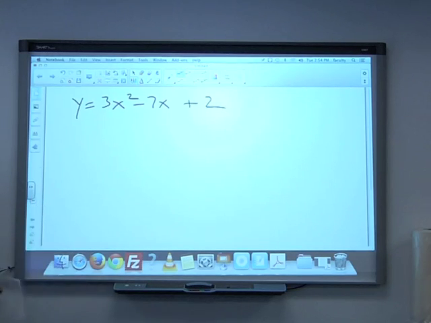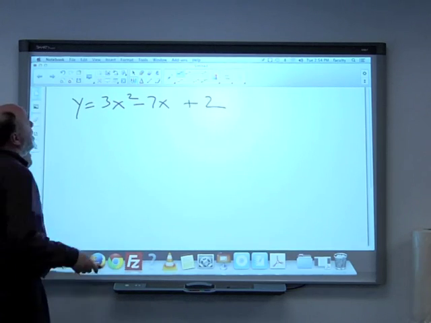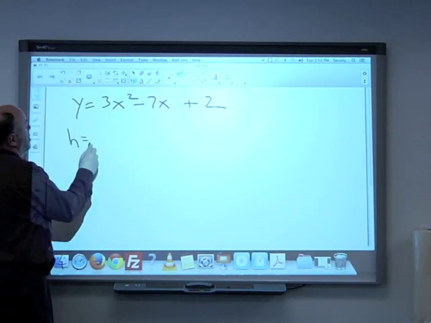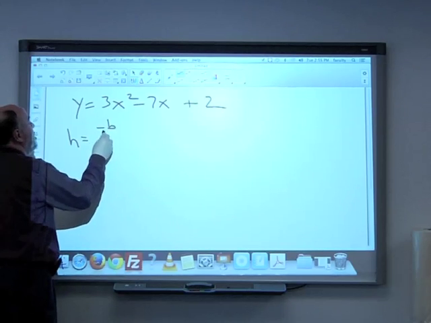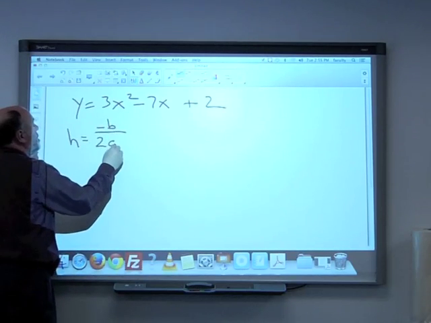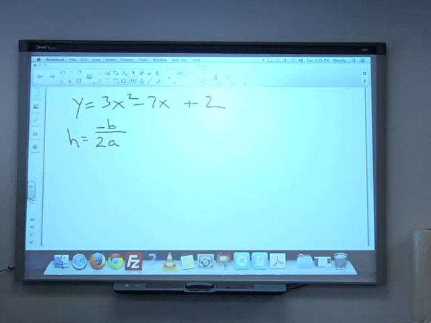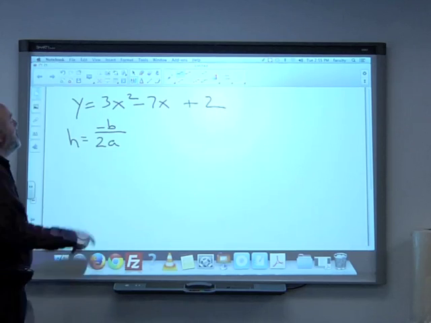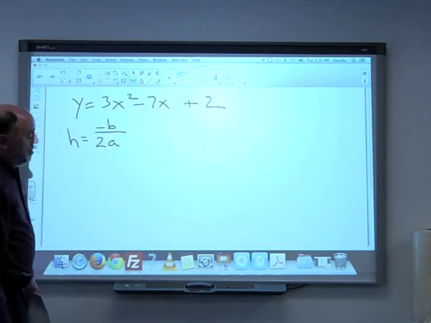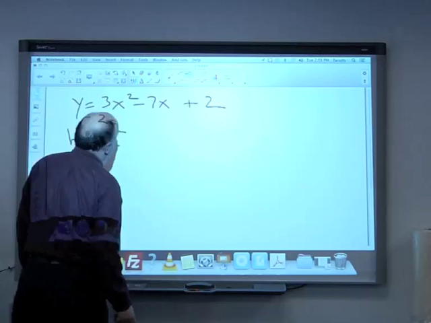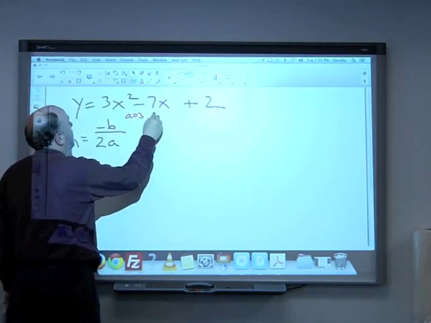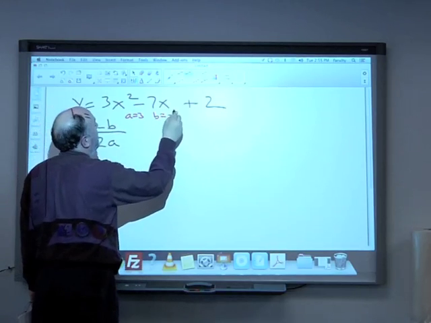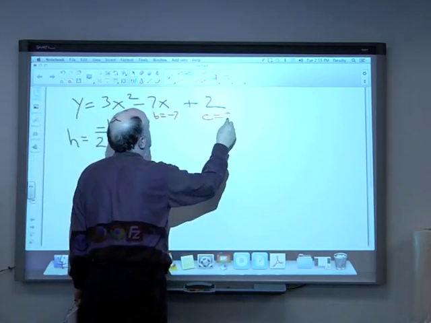Well, we did this earlier. We said h was given by minus b over 2a. So for this particular one, we have that A is 3, B is -7, and C is 2.